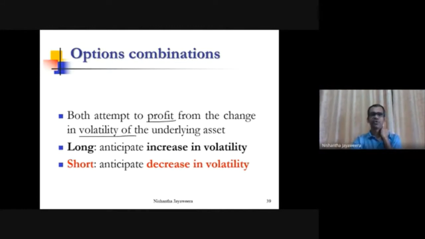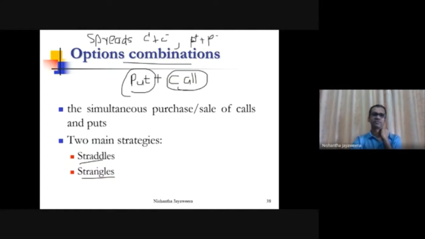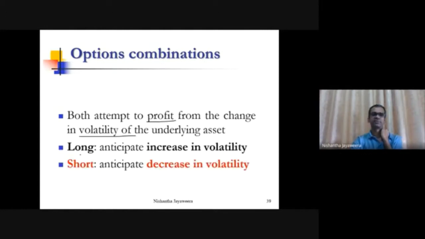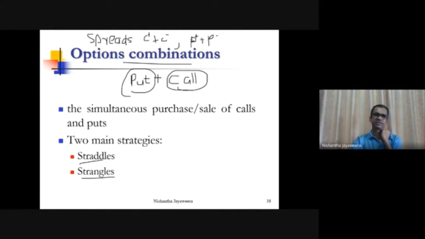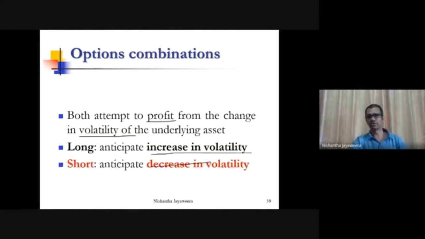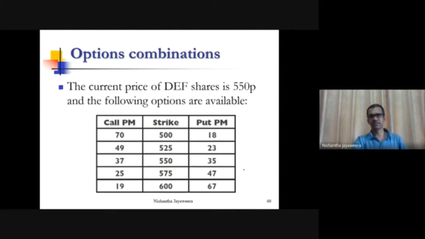You go long any of these straddles or strangles when you expect volatility to go up, but you go short any of these combinations when you expect volatility to decrease. We'll see why this happens.